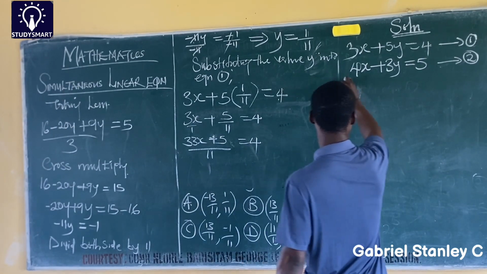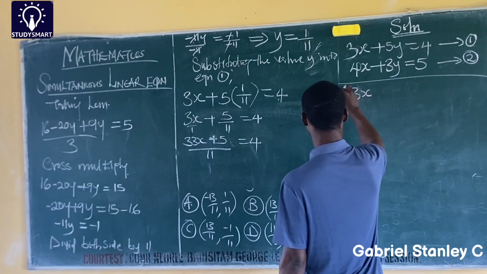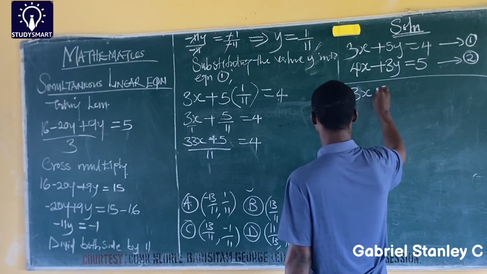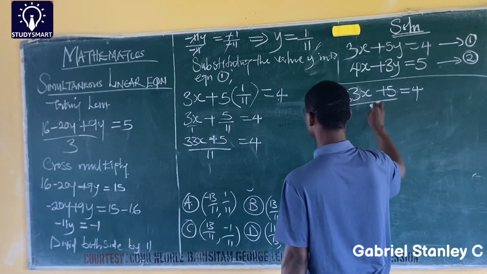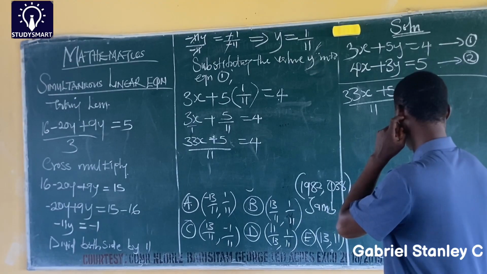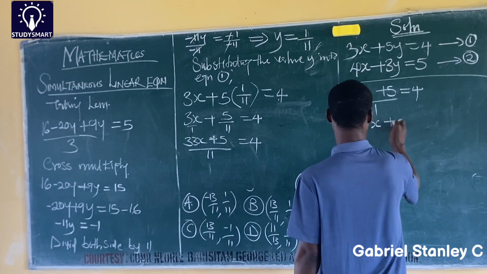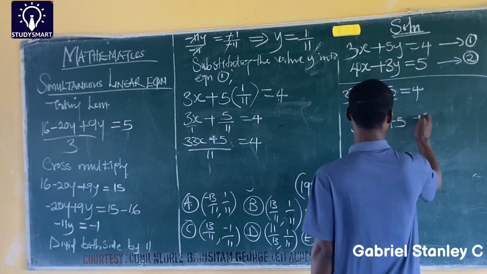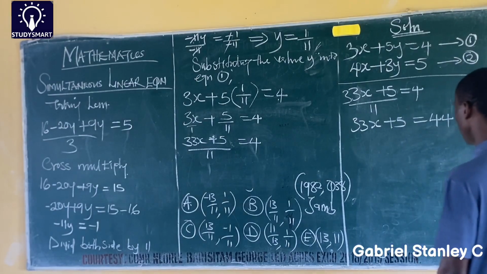So I'll be having 33x plus 5, over 11, equal to 4. Right, so if I cross multiply, I'll be having 33x plus 5 equal to 44, because 11 times 4 is giving me 44.